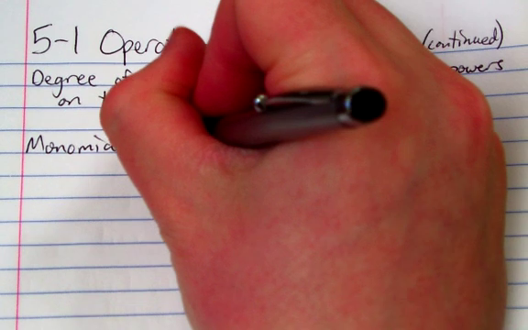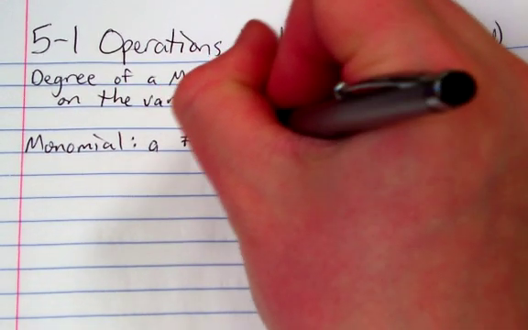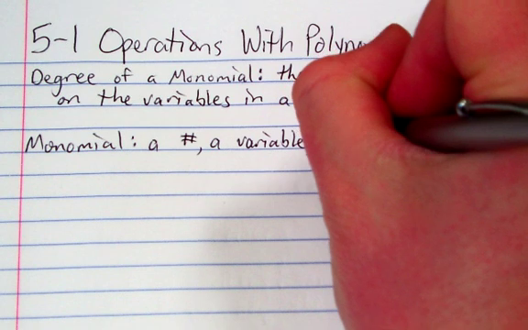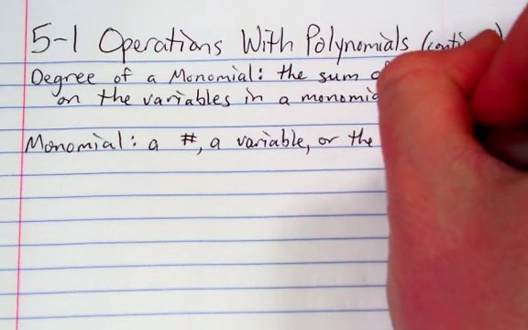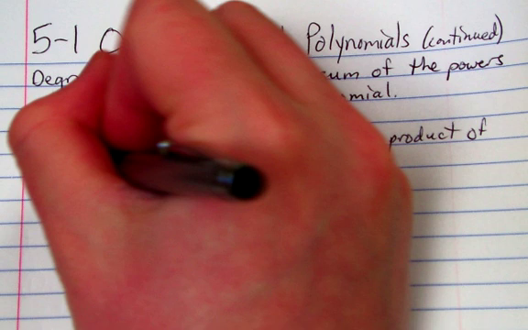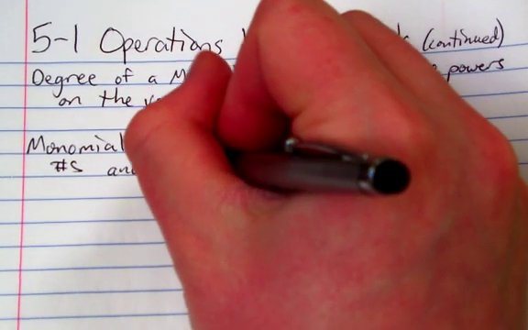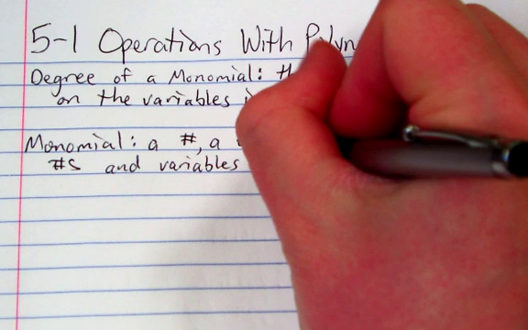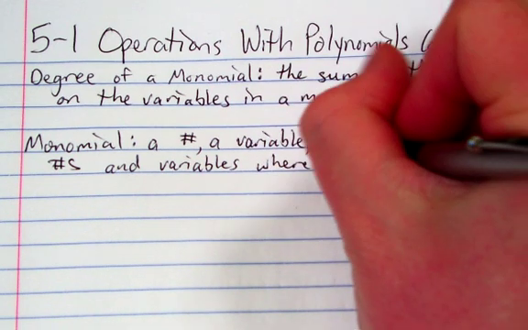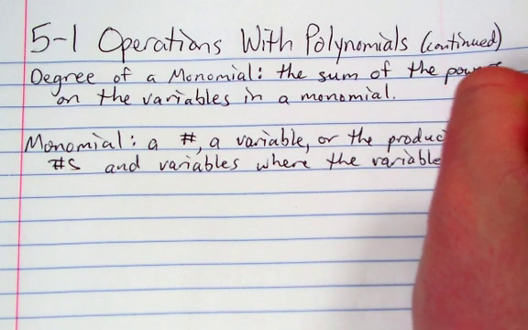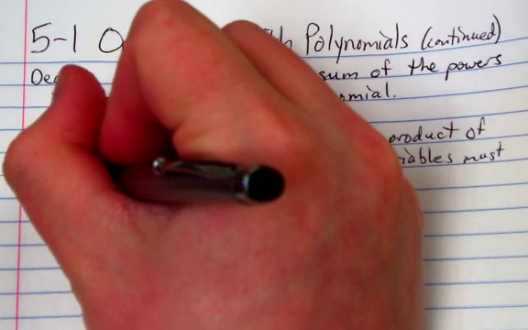So a monomial is a number, a variable, or the product of numbers and variables where the variables must have positive integer powers.